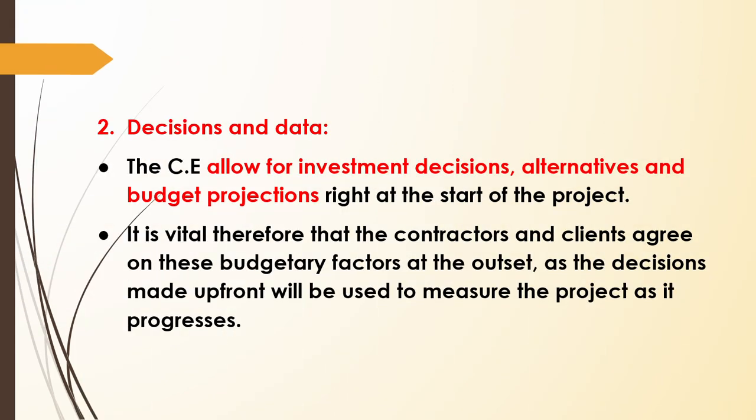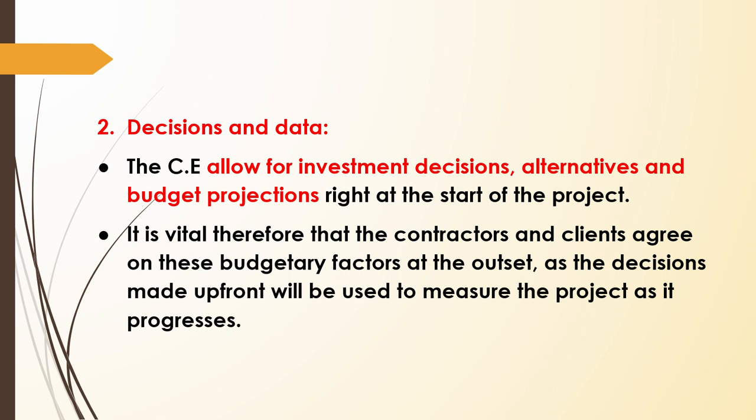Second one, decisions and data. It refers to this cost estimation allowing you to take decisions on investments, alternatives and budget projections. For example, if you need an amount of 1 crore for the construction of a building, you have to see how you could attain that much money.